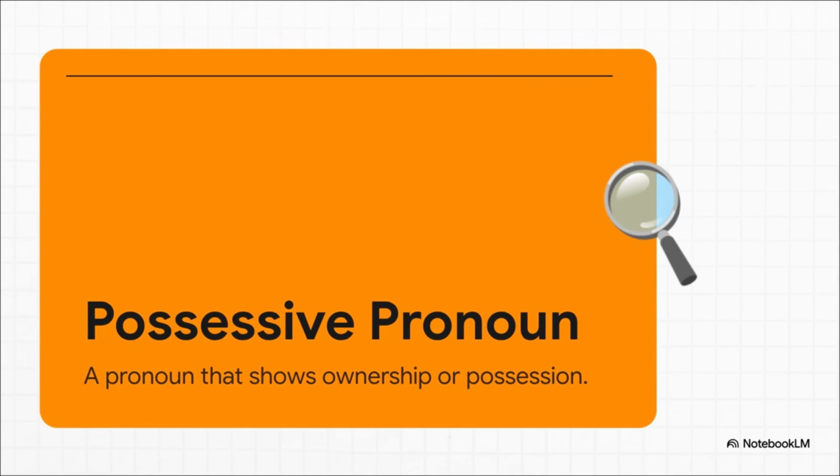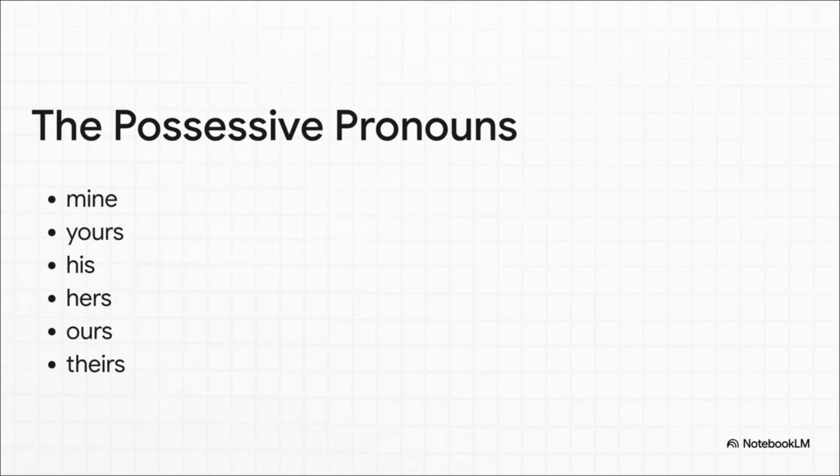That's it. It's a shortcut, and it makes our sentences sound so much less clunky. And here's the entire crew. You've got mine, yours, his, hers, ours, and theirs. Yep, that's the whole list. Just these few words, but man, do they do a ton of heavy lifting in our language.